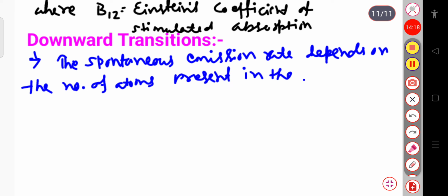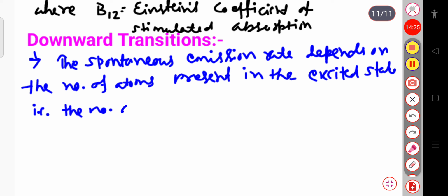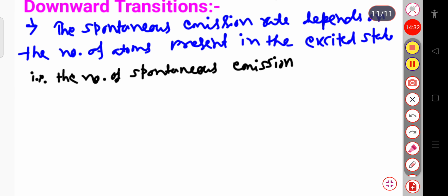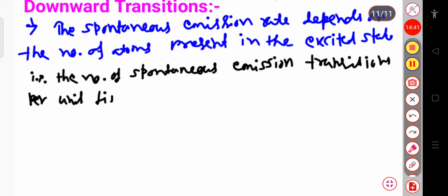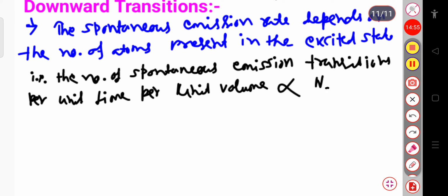That is also the number of spontaneous emission transitions per unit time, per unit volume. It will be directly proportional to, since this is spontaneous emission, only the number of atoms available, that is N2.